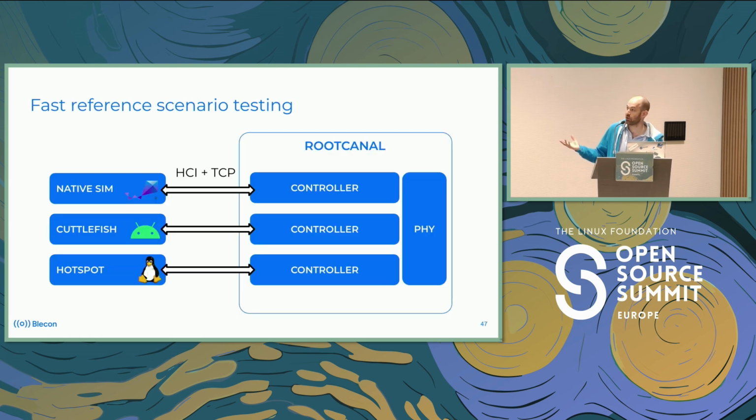And why it's very cool is that you can hook up to that controller your Zephyr application, but also an Android emulator or a Linux app, and build your mini network. Root Canal operates as your sort of virtual Faraday cage, if you wish, and the whole thing is quite easy to script and also very quick to execute.